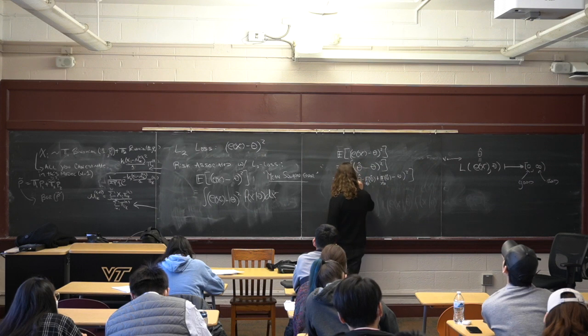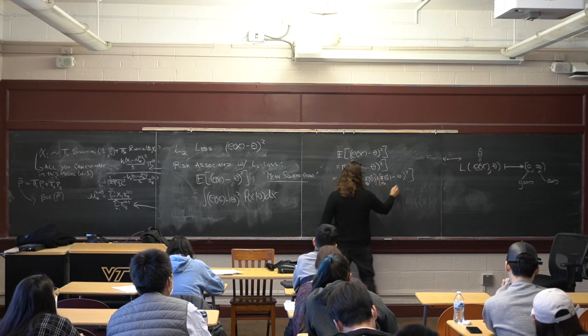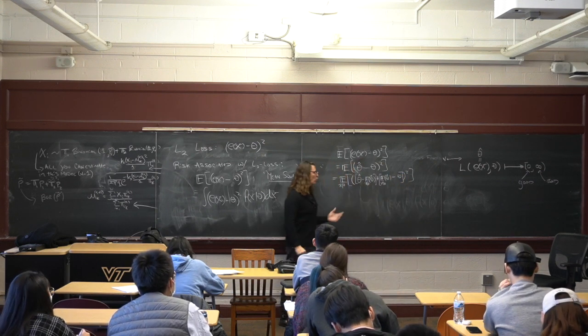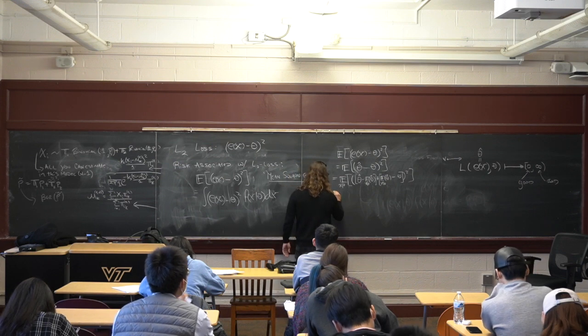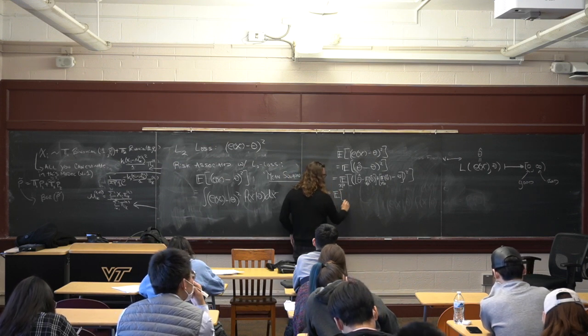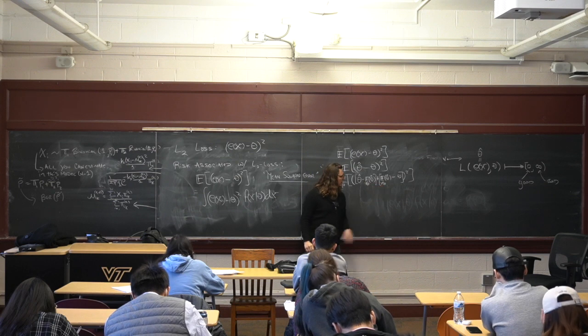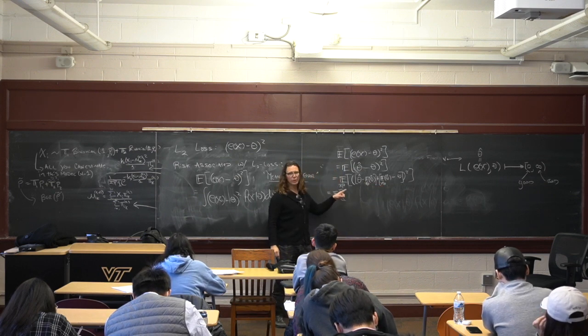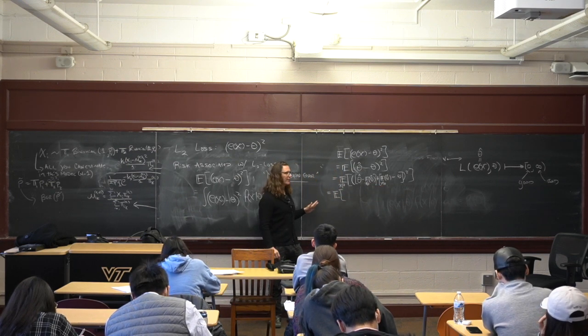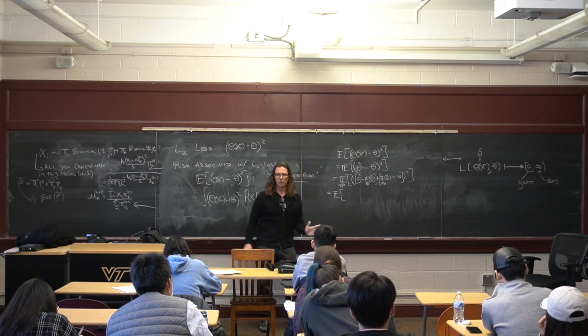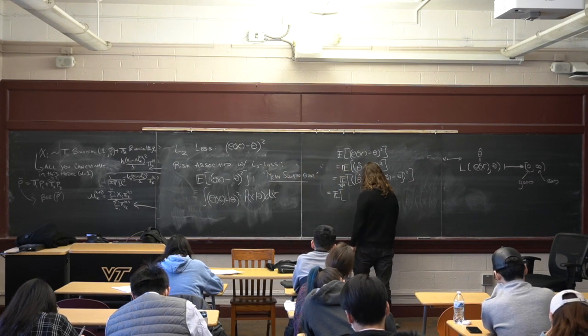I'm going to include some braces in here, and I'm going to expand this quadratic. I'll just get rid of the notation denoting which expectation it is. All these expectation operators are the same expectation operators, so they're not different.